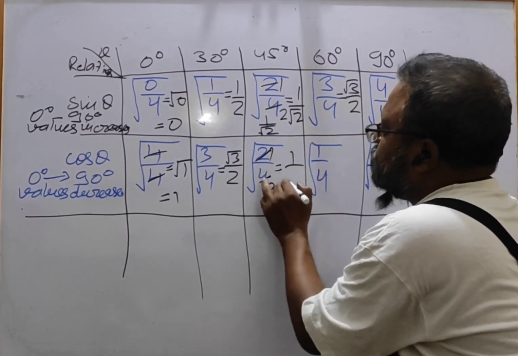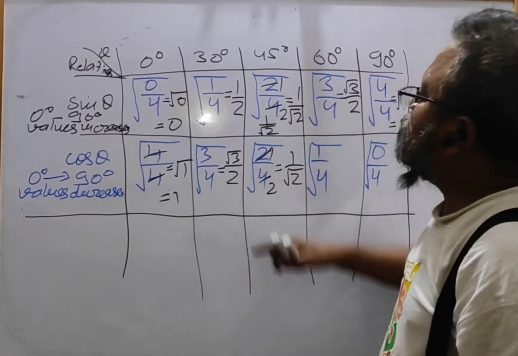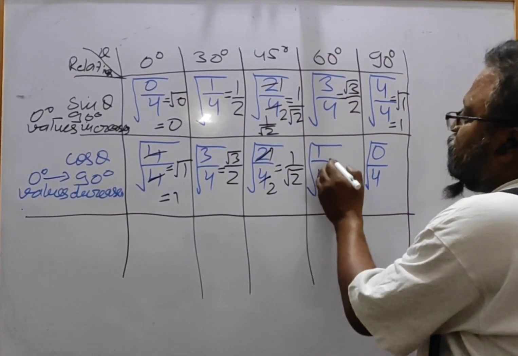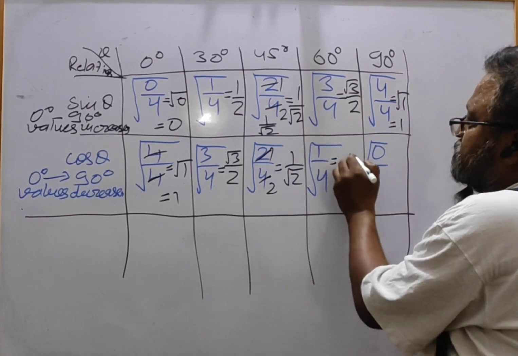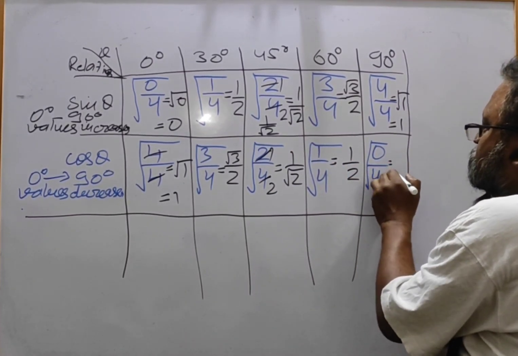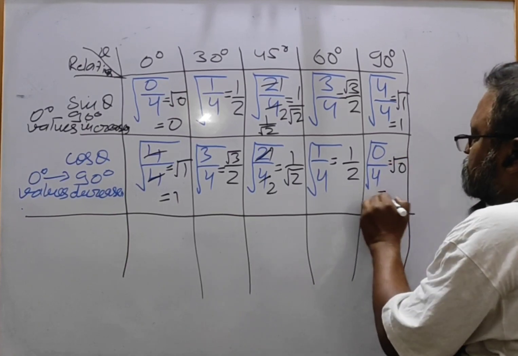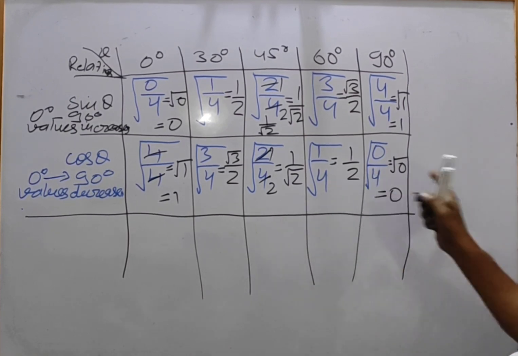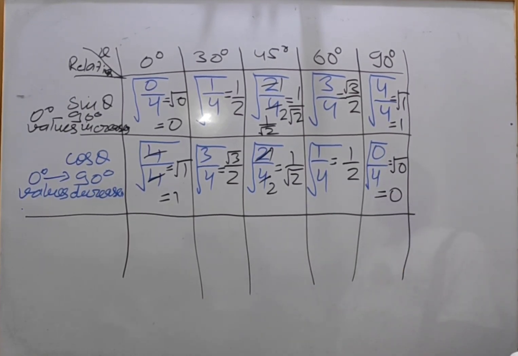It becomes 1 upon root 2. So cos 45 is 1 upon root 2. And if we take cos 60, it is 1 upon 2. And this is root 0, becomes 0. So this is the cos theta we have.